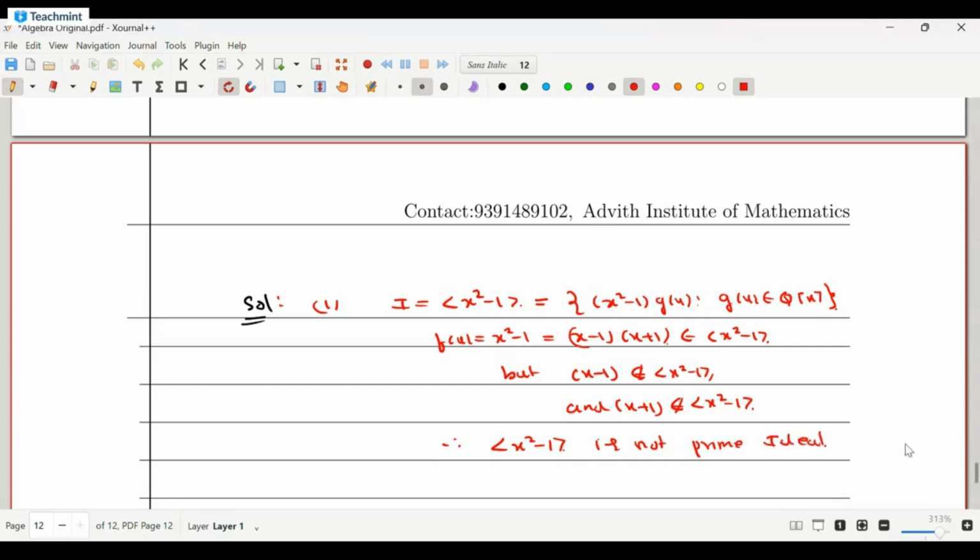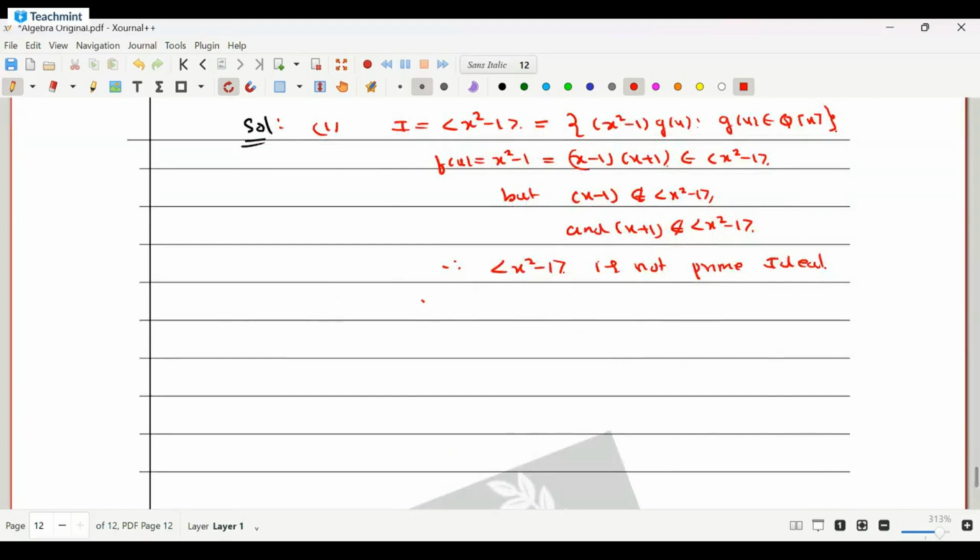If it is not a prime ideal, then Q over x by generated of x square minus 1 is not an integral domain. If it is not an integral domain, then it is not a field. So which implies not a maximal ideal.